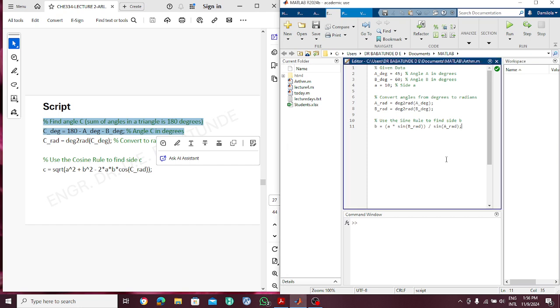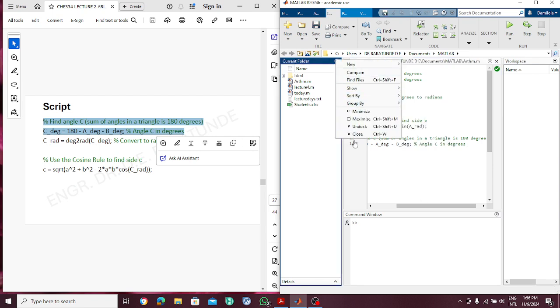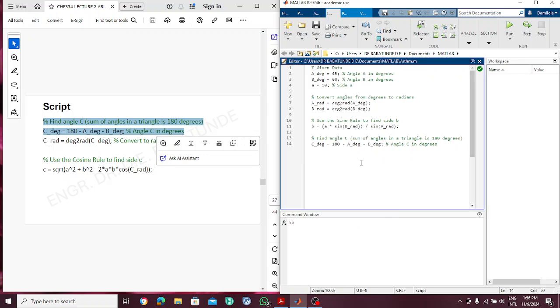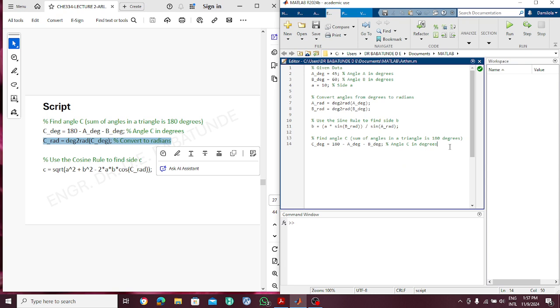So that's why we have this part, to generate the value of C in degrees. But we can't use degrees straight away since we'll be calling cos as the function, so we need to convert that to radians. So it moves us to the next step, which is to convert C in degrees to radians.